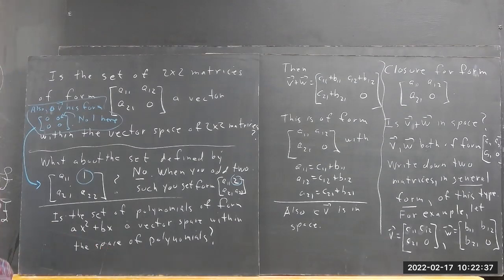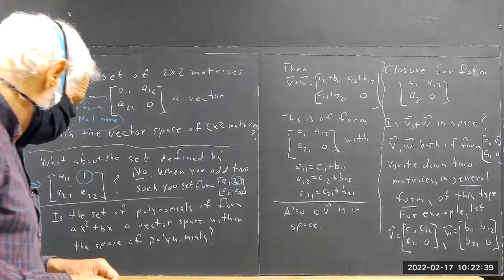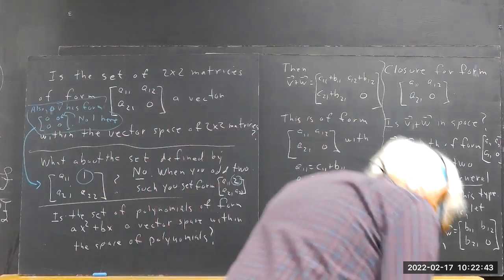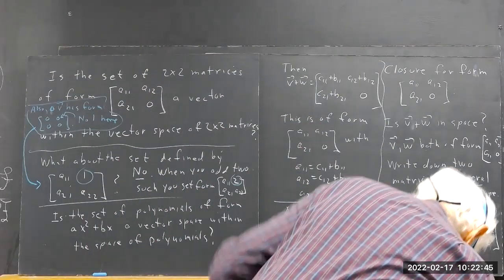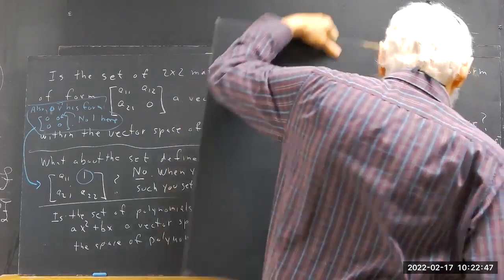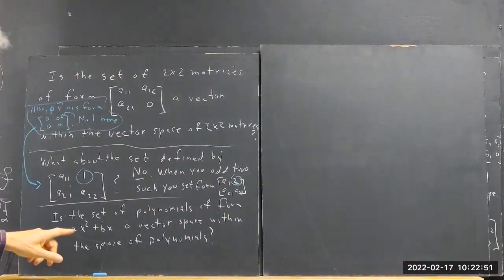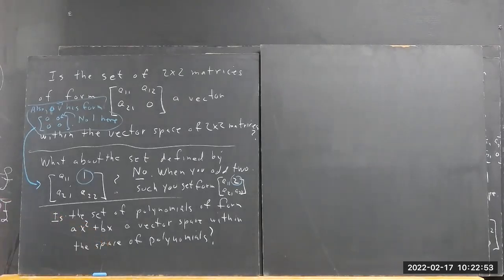Okay, a set of polynomials of this form. Is this a vector space? Well, I'm going to ask you to go ahead and write me down 2 polynomials of this form, in general form, not with specific numbers for A and B, but symbols.